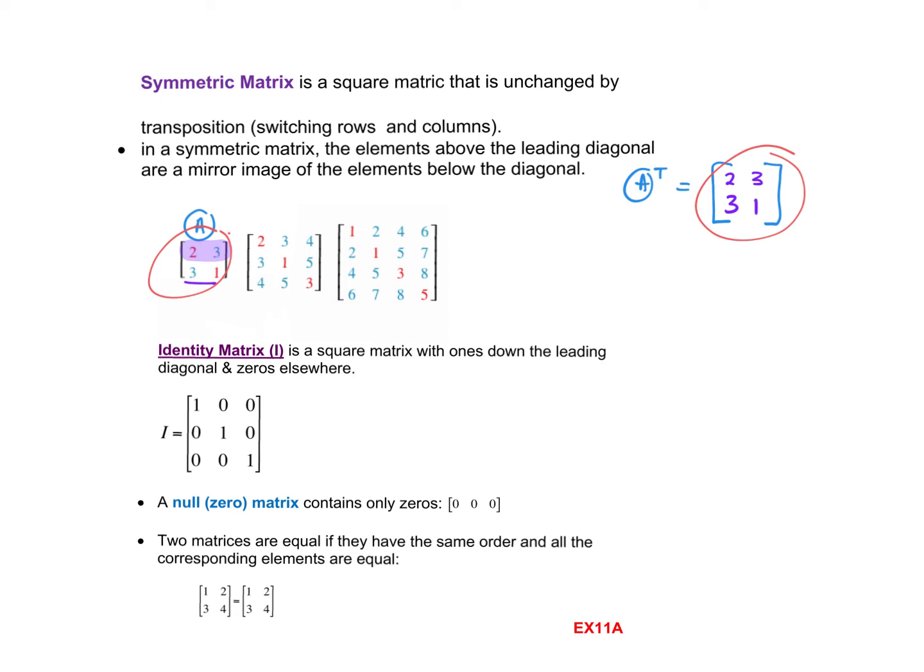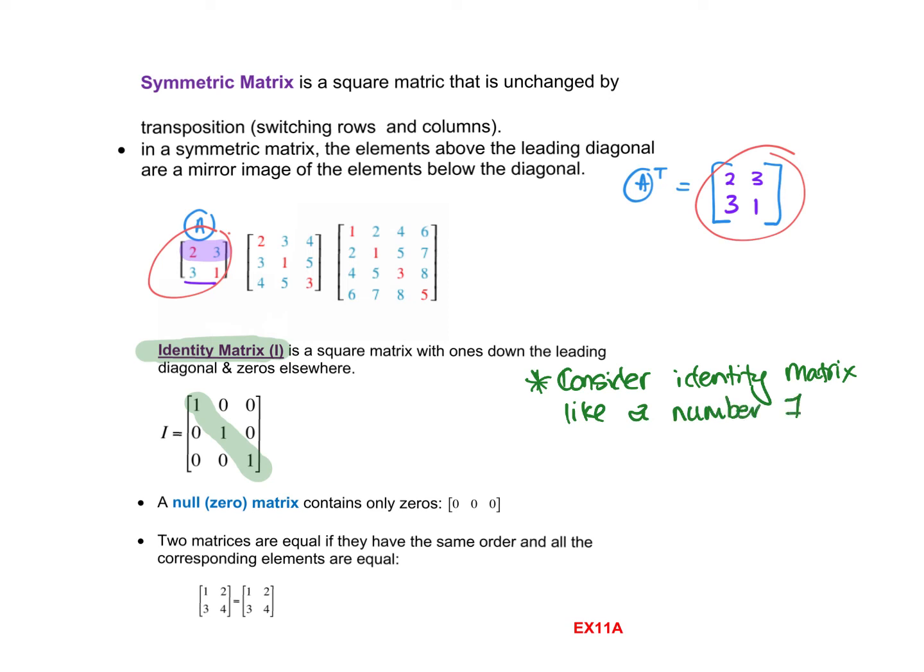The next one is an identity matrix. This one we use a lot, and it becomes really important. It has ones down the leading diagonal and zeros everywhere else. What will help you is to consider the identity matrix as a number 1, a matrix like a number 1.